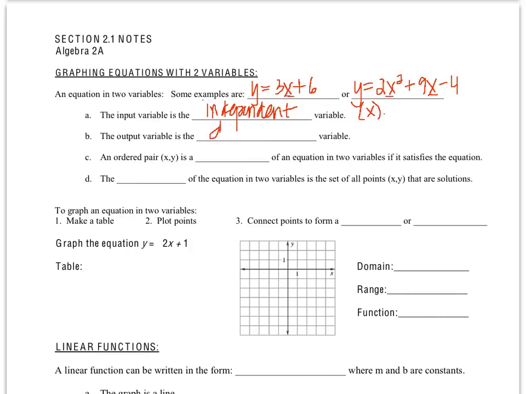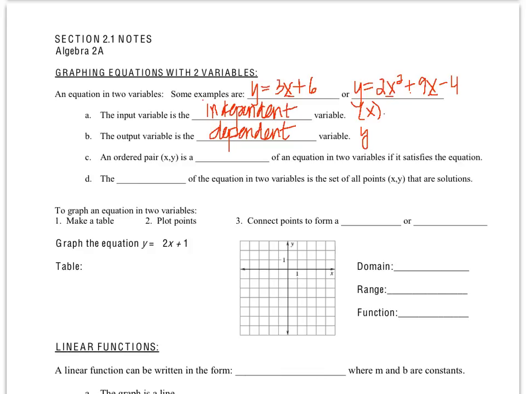The output variable is called a dependent variable, and it's dependent because the value of y, in this case, depends on what I plug in for x. And so the variable that you end up solving, or evaluating, I'm trying to evaluate y by plugging in x, is called our dependent variable.